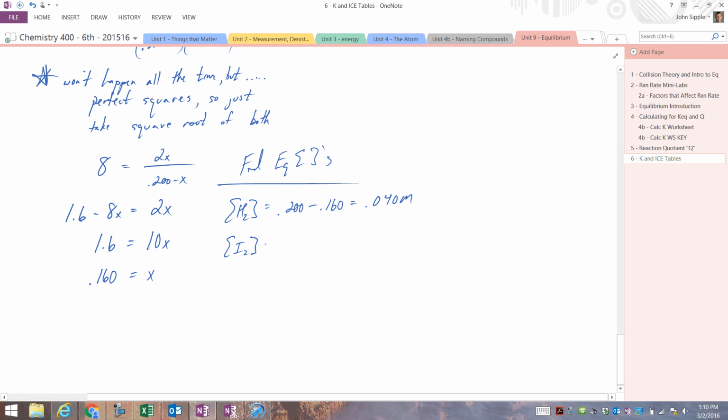I2, 0.200 minus x, which is 0.16, equals 0.040 molar. And HI, that's 2 times 0.160, so 0.320 molar.